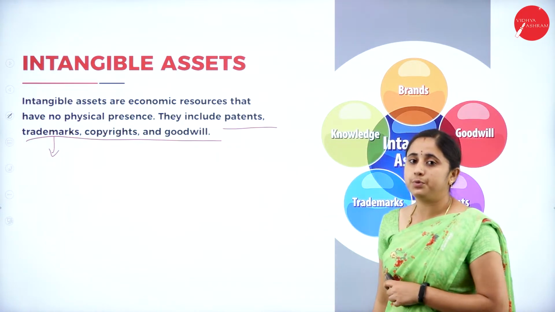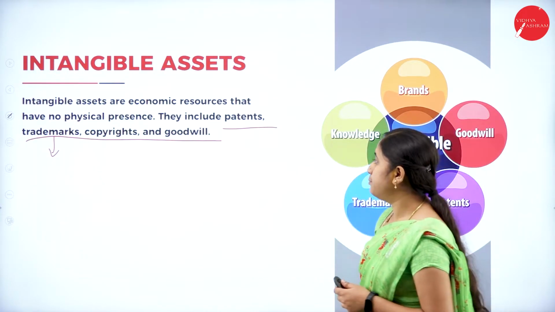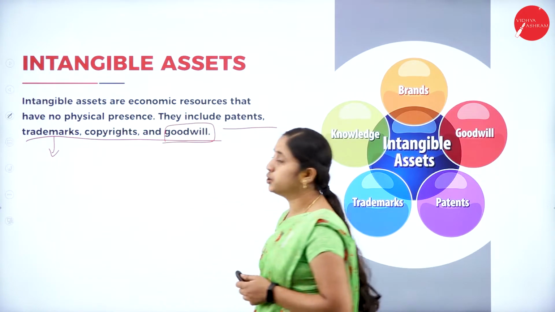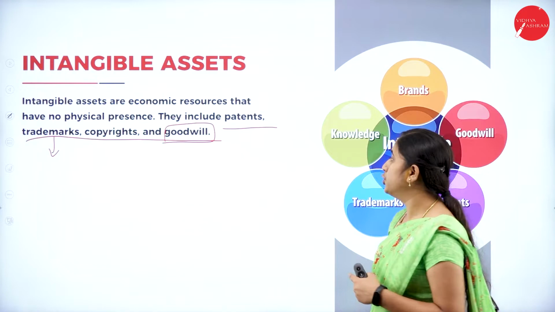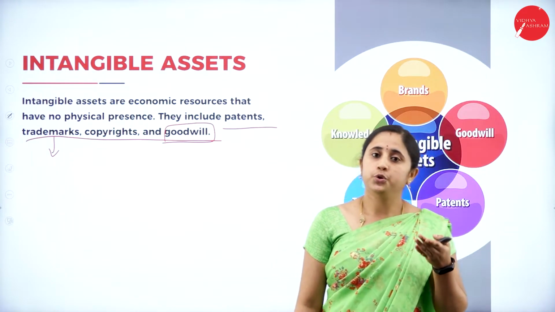Goodwill is the reputation or good name of your product. Again, you have a term called goodwill in accounting. Goodwill means the good name and reputation of your company. It adds value to your business.